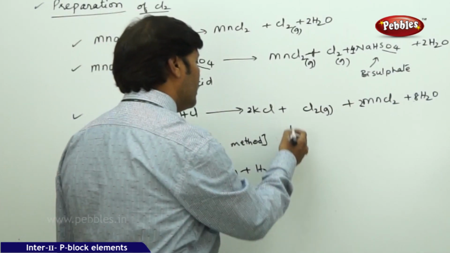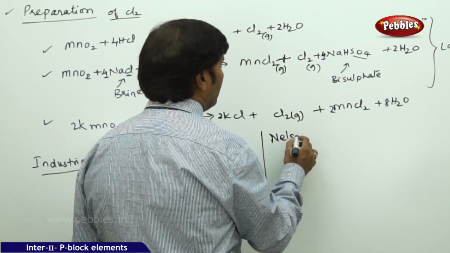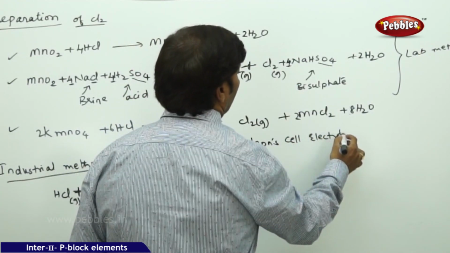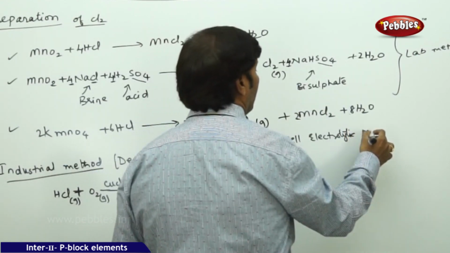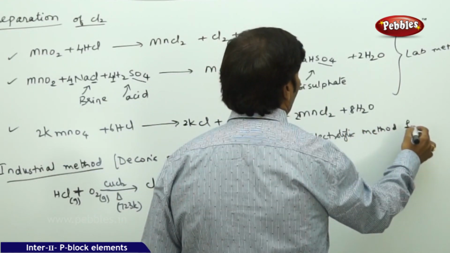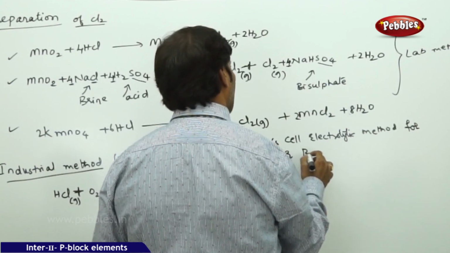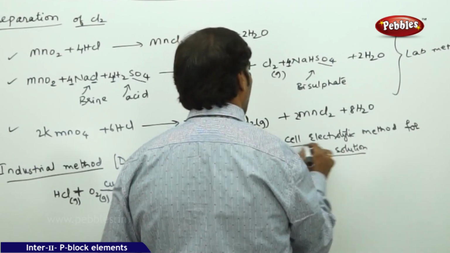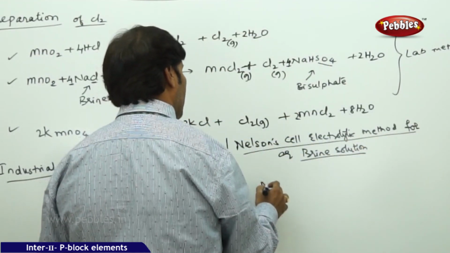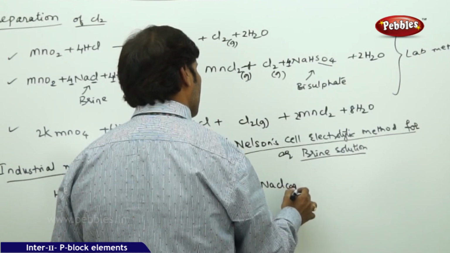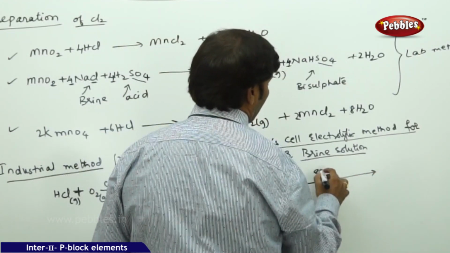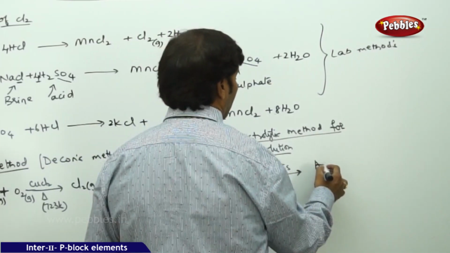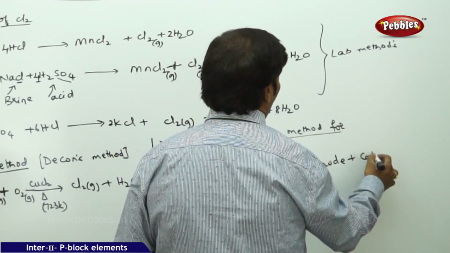And apart from Deacon's method, there is the Nelson's cell electrolytic method for the aqueous brine solution. Aqueous NaCl when subjected to electrolysis gives anode and cathode electrodes.